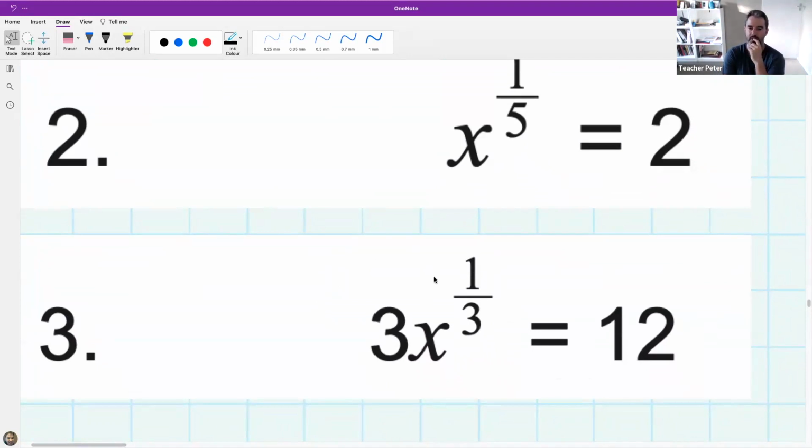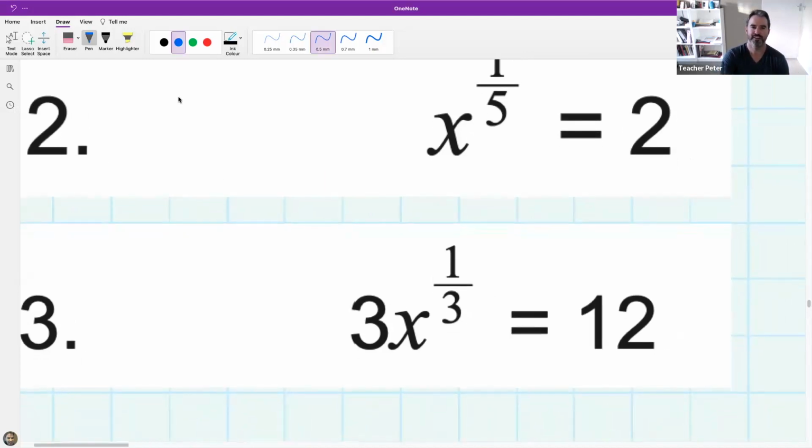How does this one go? Okay, Fatu, you're giving lots of good tips.